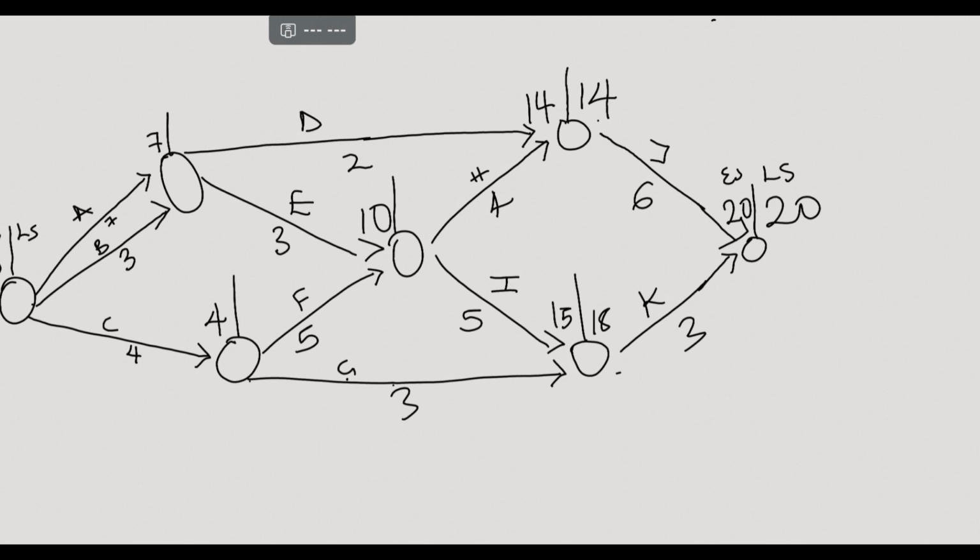We have 18 minus 5, which is 13. And we have 14 minus 4, which is 10. You're picking the lower one when you're looking for the latest starting time. And the lower one between the two is 10. So you pick the 10 and you ignore the 13.